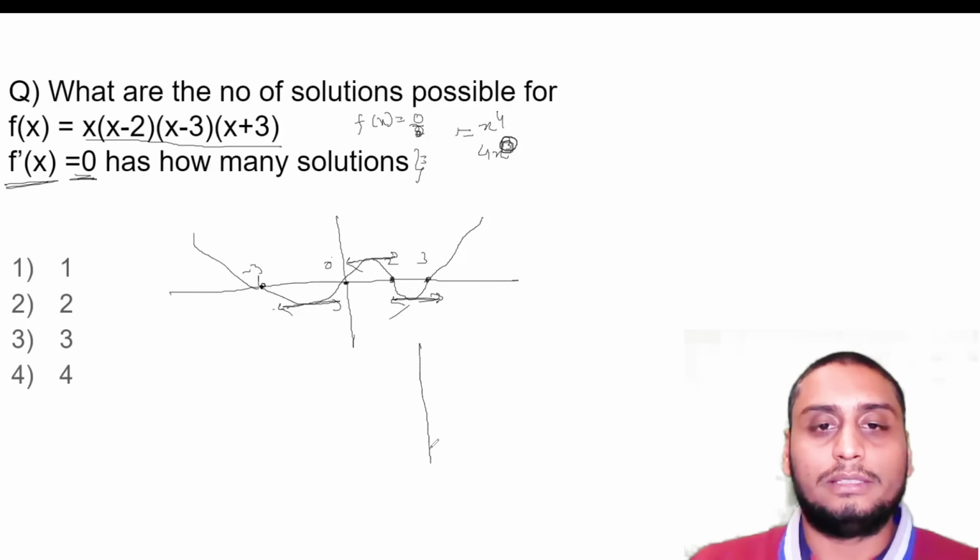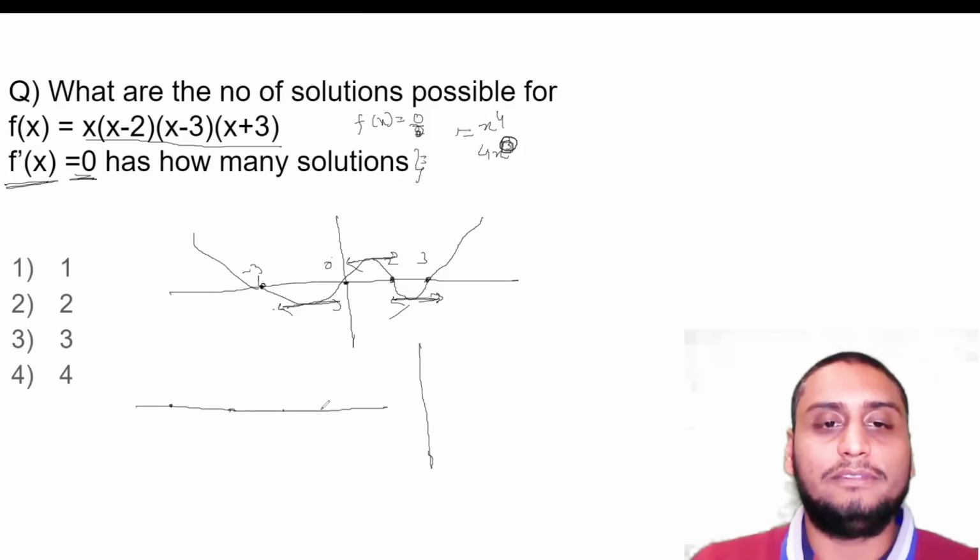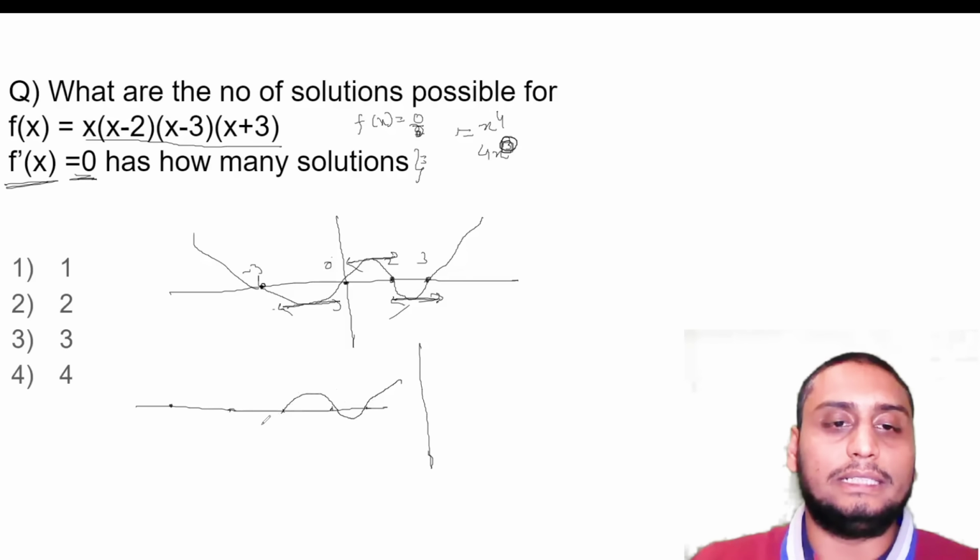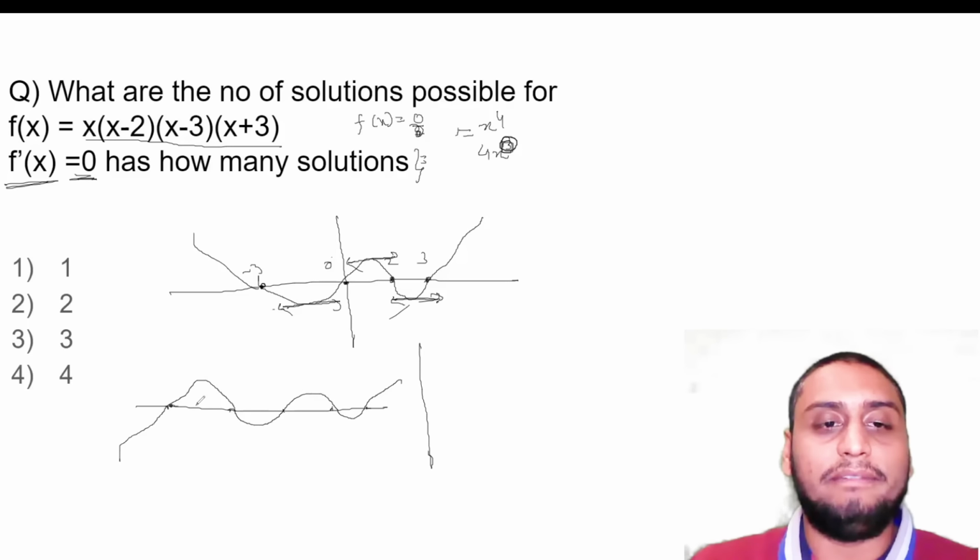Okay, let me draw another graph. Let's say a polynomial has 5 solutions, then it would most likely move like that. Now you can see between every two solutions, your f'(x) would be 0 wherever there is a flat line.